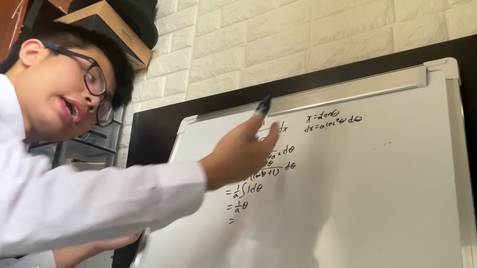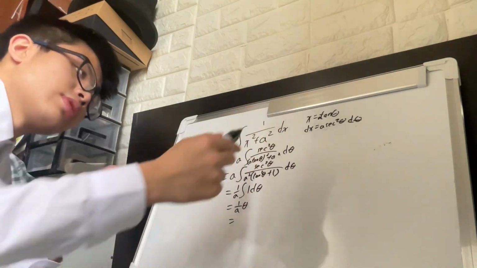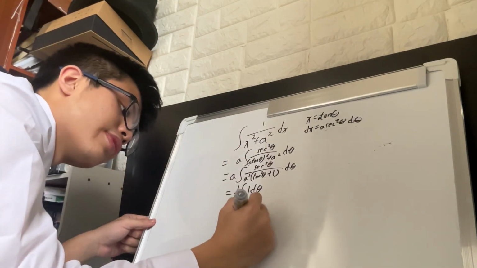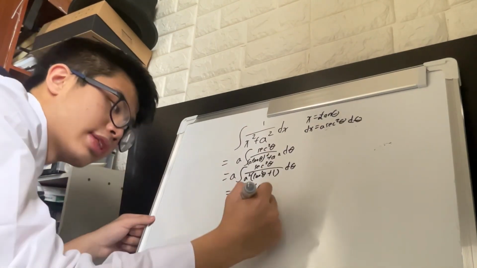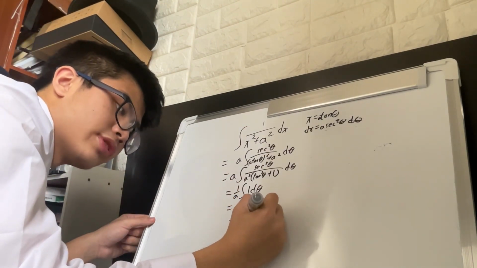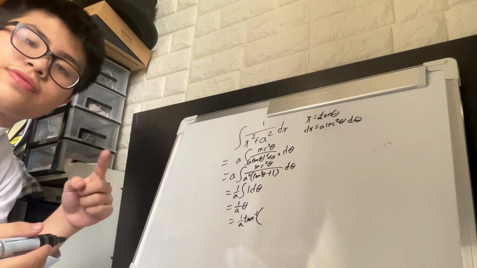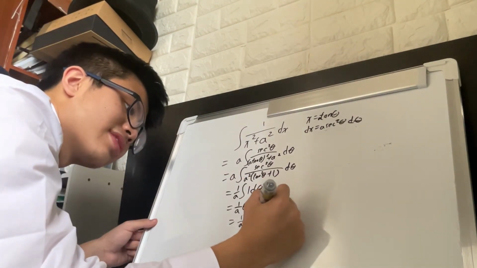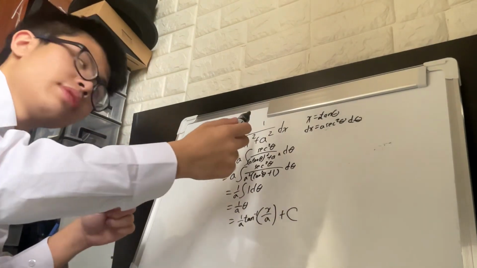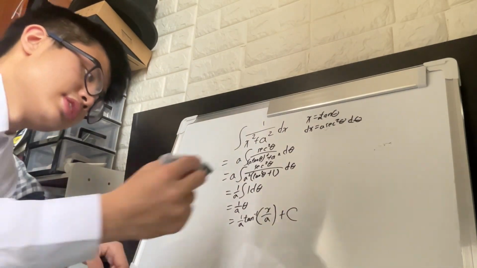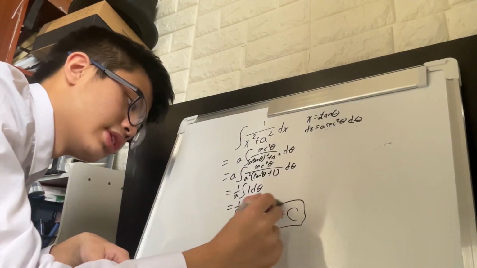Divide by a on both sides, then take arctan, so theta is equal to inverse tangent of x over a. This might be the most important formula I've ever seen. You see this formula.